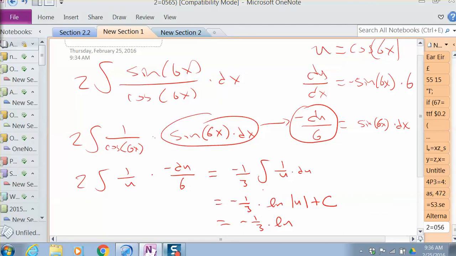And 2 and 1/6 and a negative became negative 1/3. And if I replace u with cosine 6x, that's going to be the true antiderivative for 2 tangent 6x.